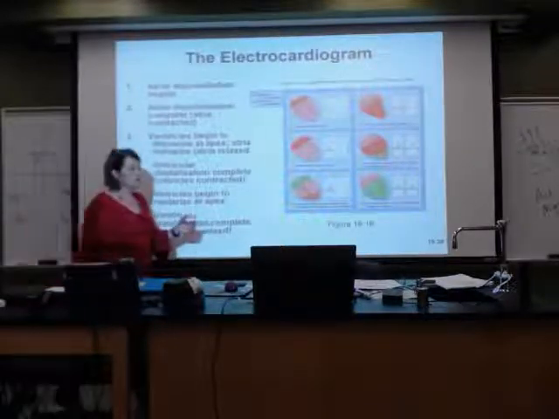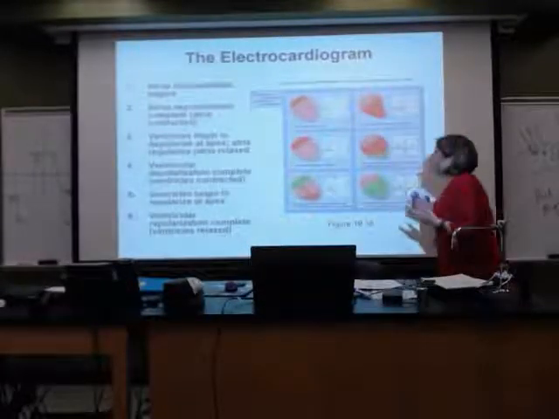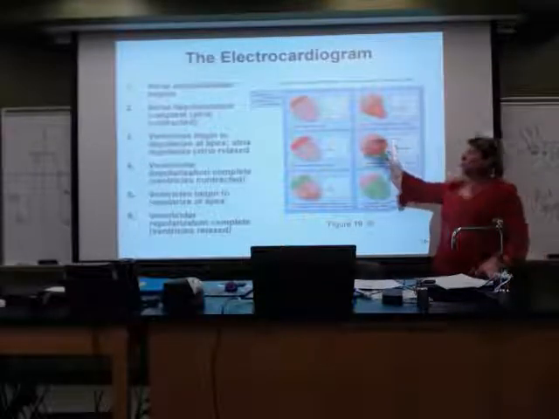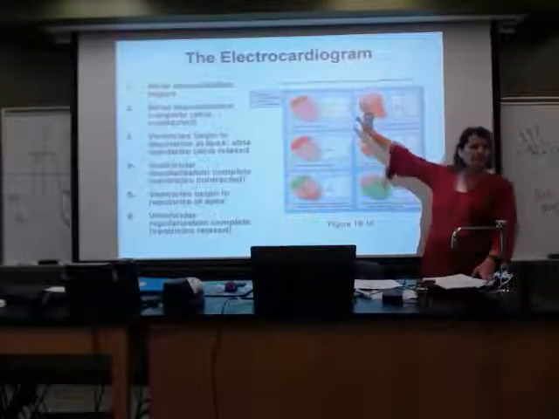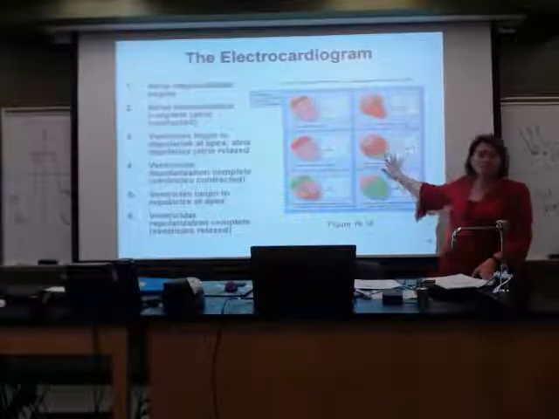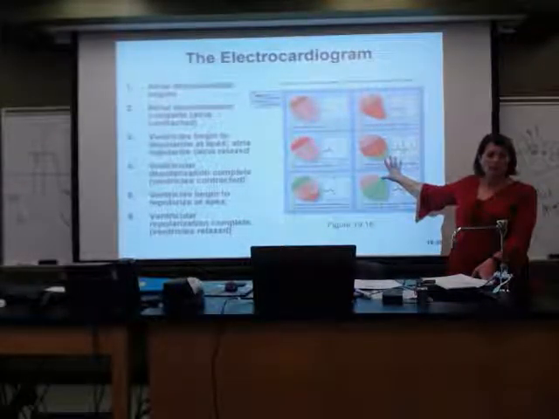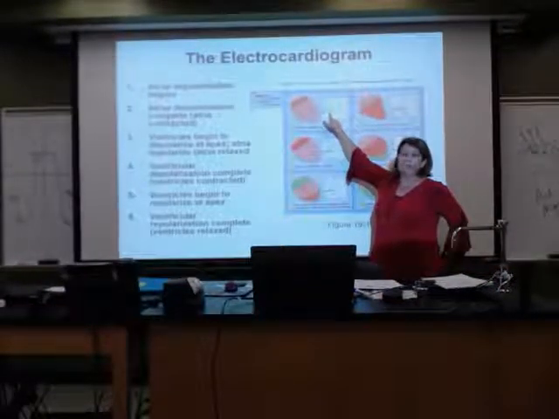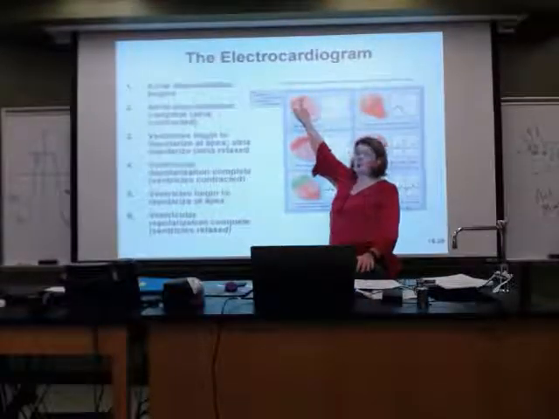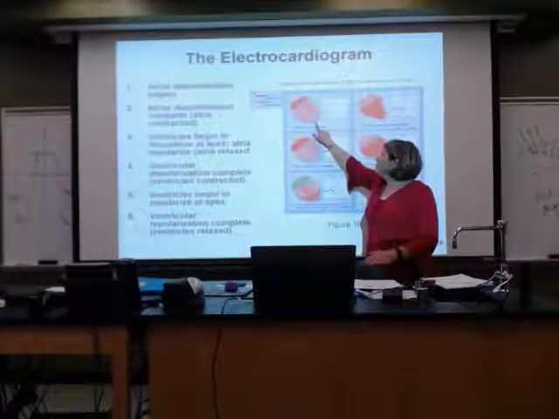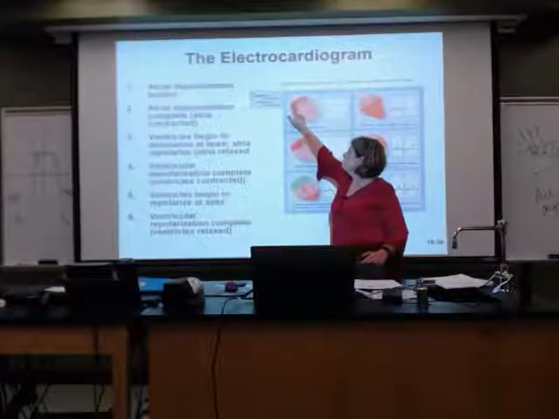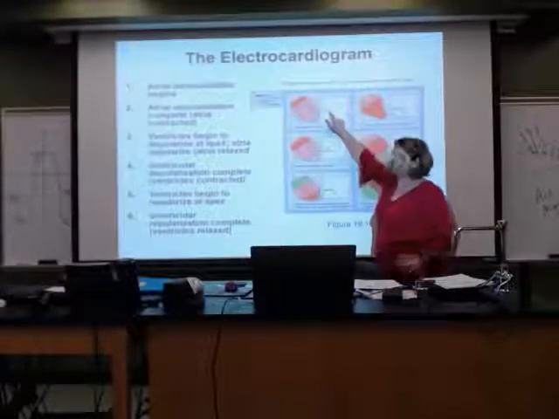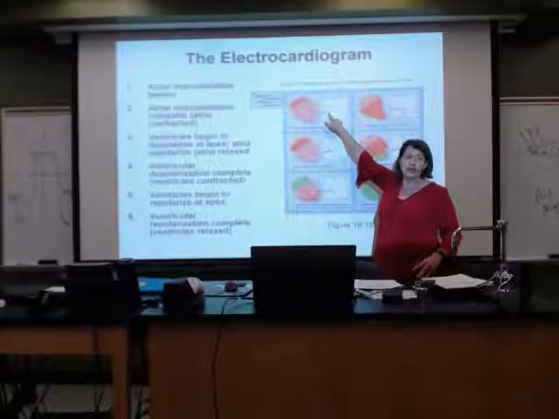So when we look at the flow of blood through the heart in relationship to the EKG, this is what it looks like. My P wave deals with my atria. This is looking at my blood moving into my atria. That correlates to the P wave.